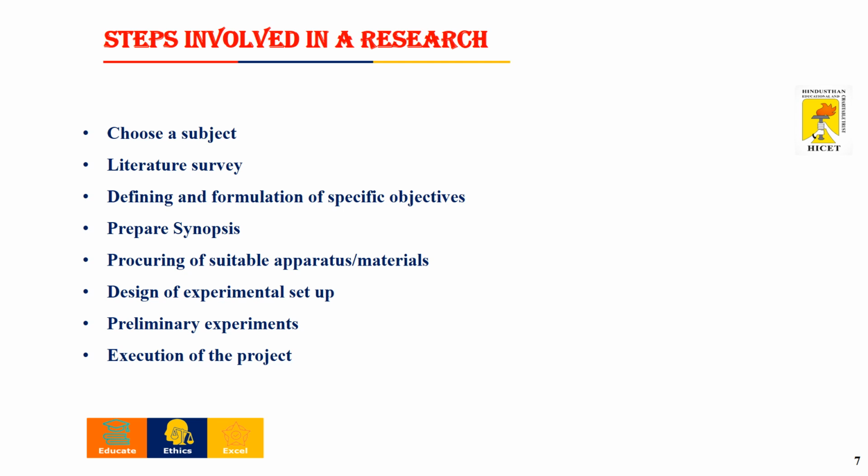Choosing a subject and literature survey, defining the formulation of specific objectives, prepare synopsis, procuring of suitable apparatus and materials, design of experimental setup, preliminary experiments and execution of projects.